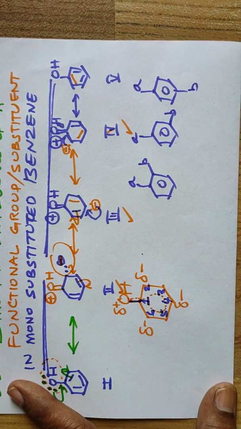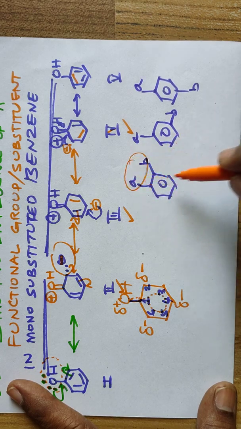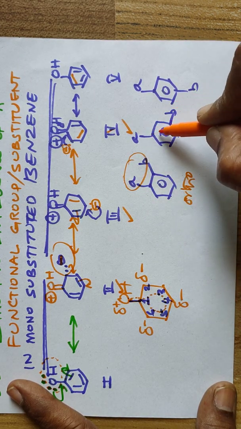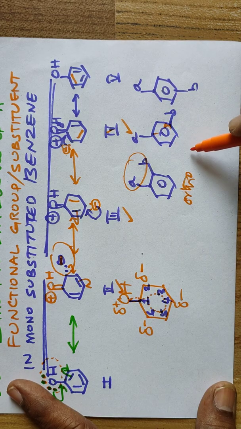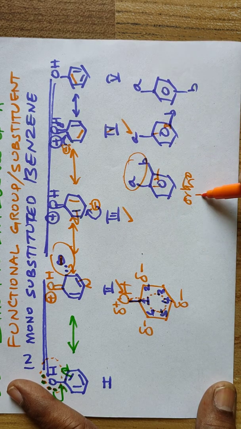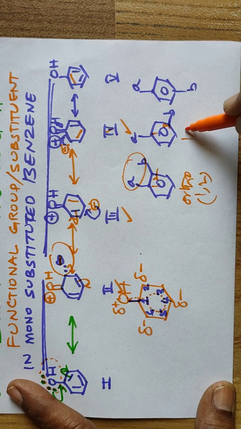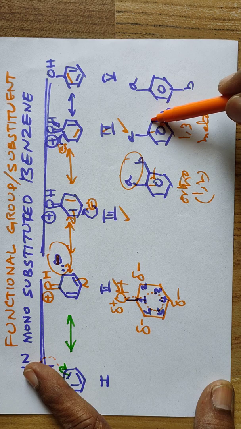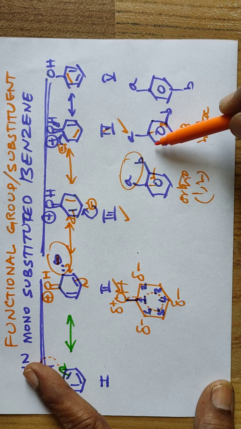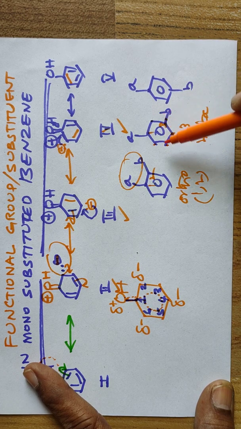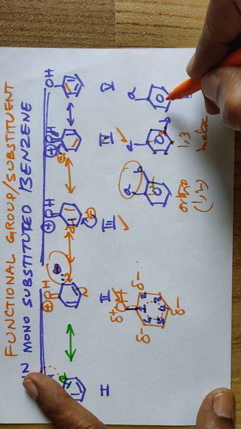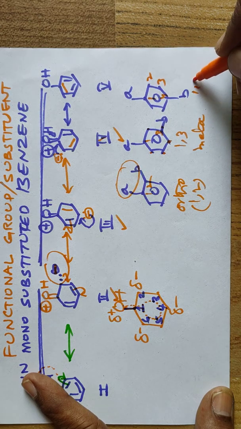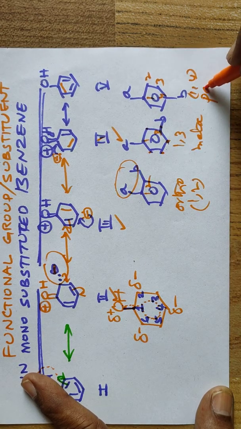These positions are named ortho, the 1-2 position. This is the 1-3 position, known as meta, alternate positions. You can take this one and this one alternate, any combination you can take. And here, 1, 2, 3, 4, the 1-4 position is known as the para position.